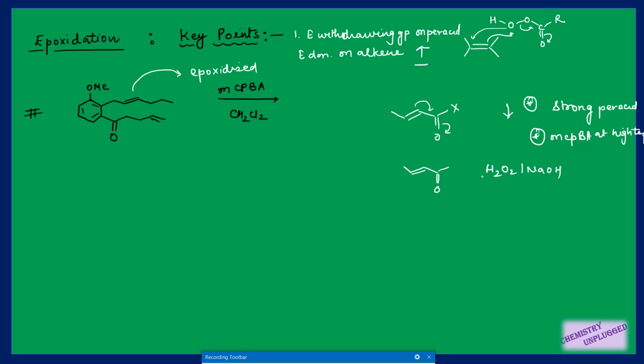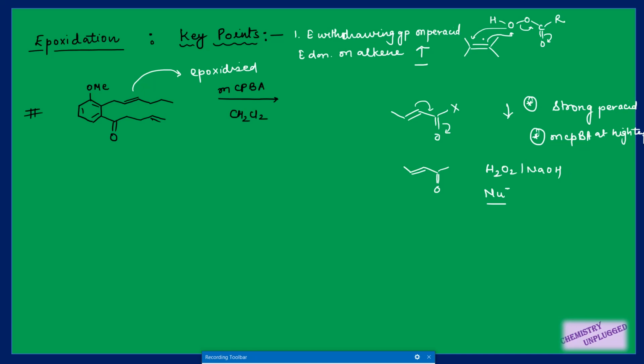Means this H2O2 is acting as a nucleophile in this epoxidation reaction. That is why it can give its electron to this pi bond which is electron deficient due to its conjugation, right? So whenever we are doing epoxidation of alpha beta unsaturated carbonyls, then you need H2O2 in presence of NaOH.